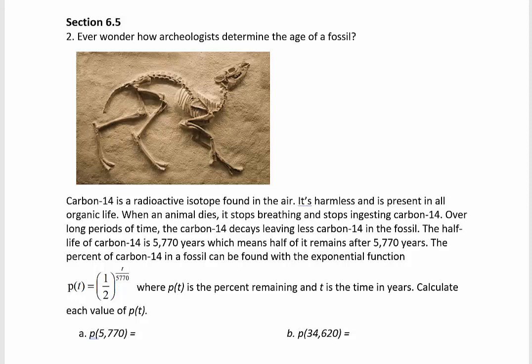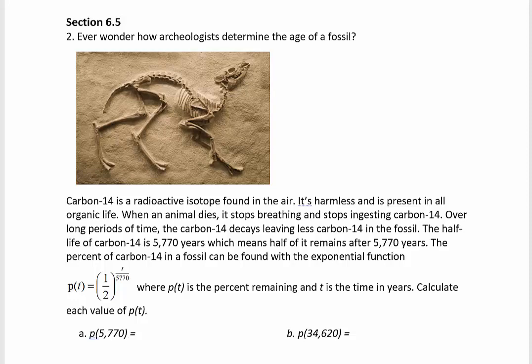And so when the animal dies, it stops breathing and stops ingesting carbon-14. And so over long periods of time, the carbon-14 decays, leaving less carbon-14 in the fossil. The half-life of carbon-14 is 5,770 years, which means half of it remains after 5,770 years.